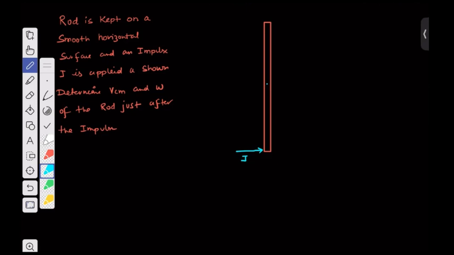So I'm applying an impulse, you should not get confused about it. Think of it as if I am applying a force only, the difference being that the force is of very large magnitude and acts for a very small time. In such events, I told you that the object's displacement will be considered negligible, because even though the object is experiencing a large acceleration, suppose I use s equals ut plus half at square.